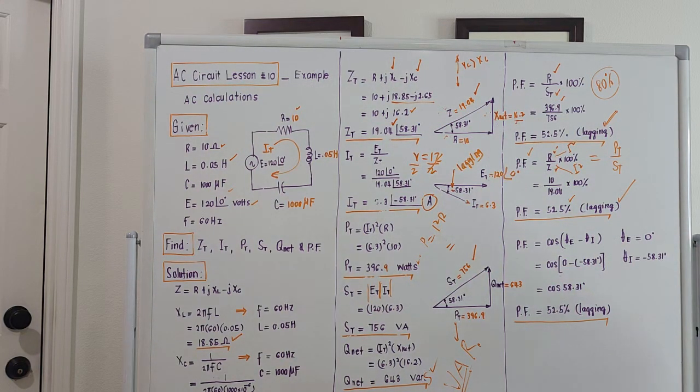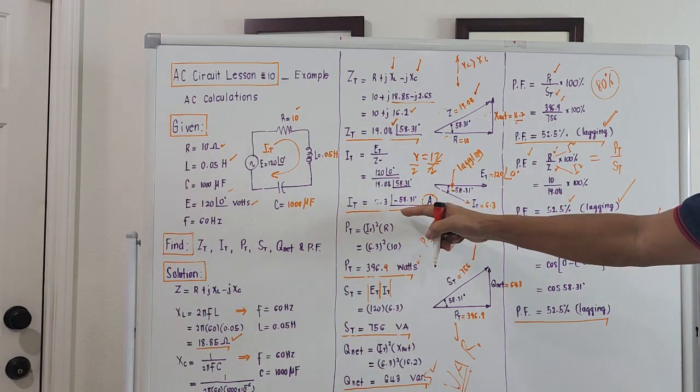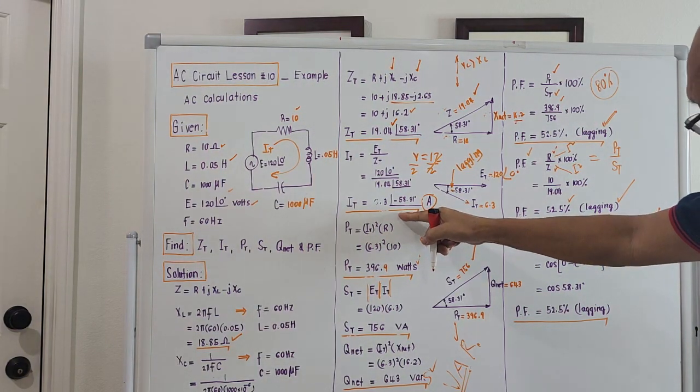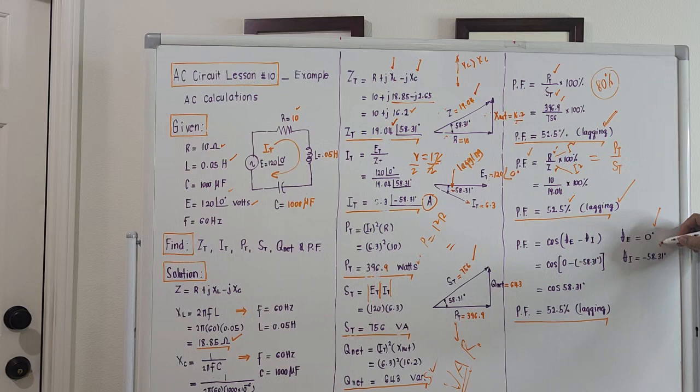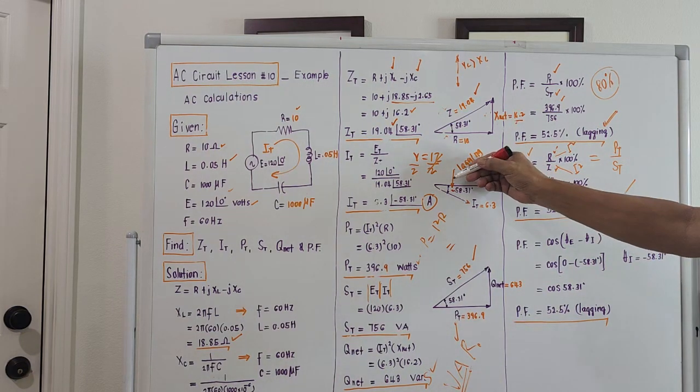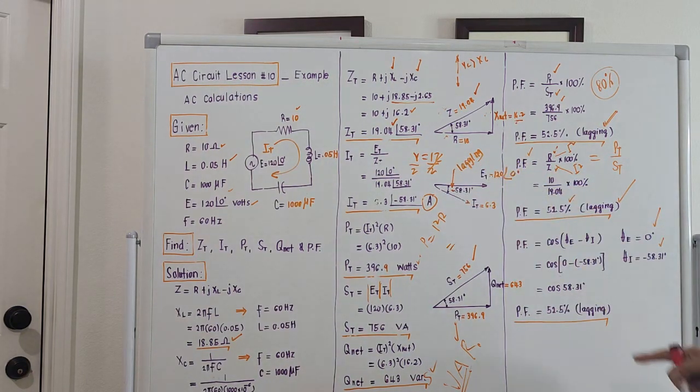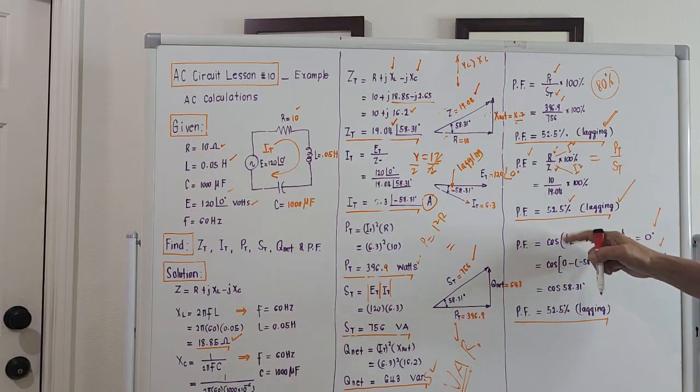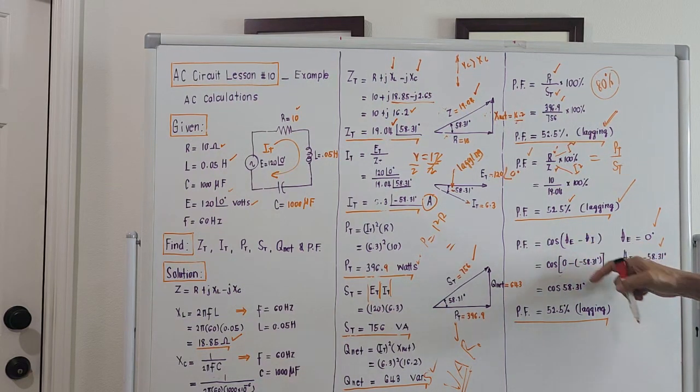The angle of the voltage is 0 degrees, it is our reference vector, and the angle of the current, as per our computation, is negative 58.31 degrees. So this will be cosine of 0 minus negative 58.31 degrees.